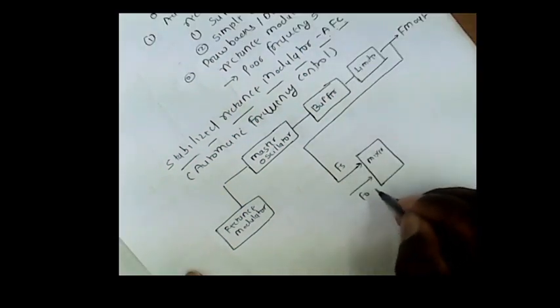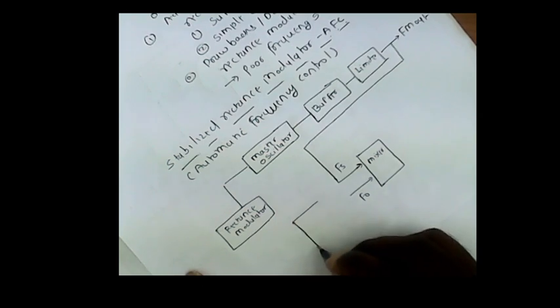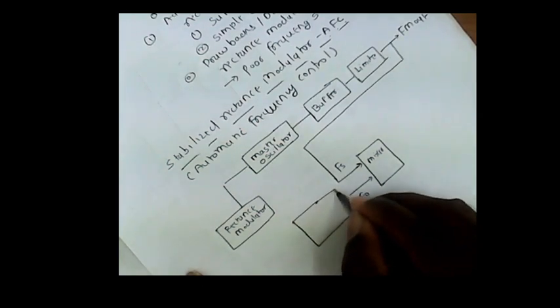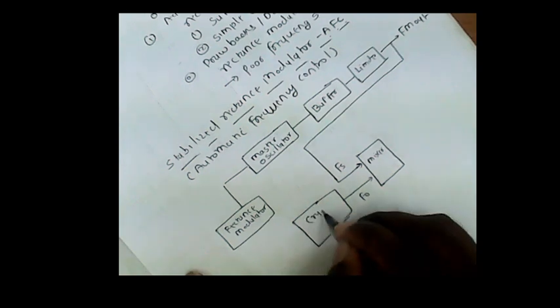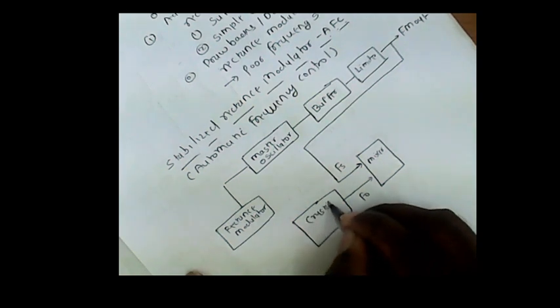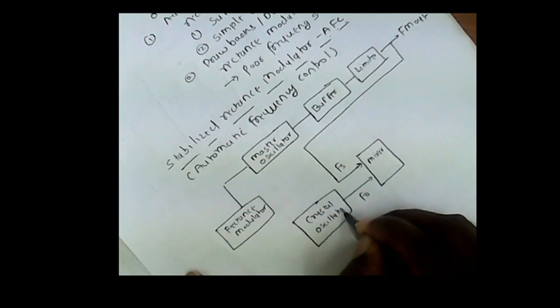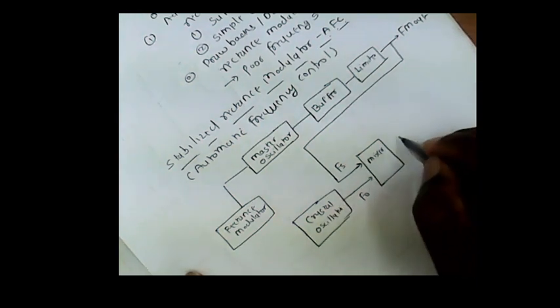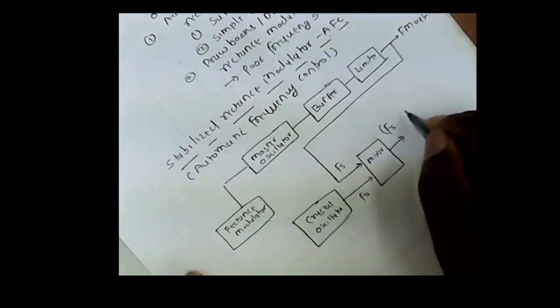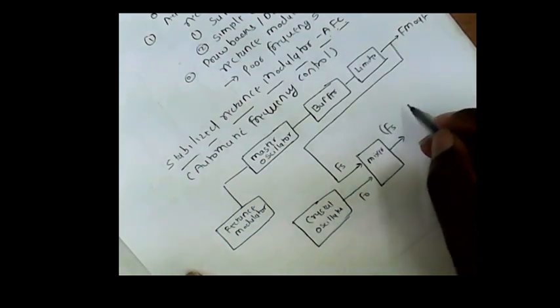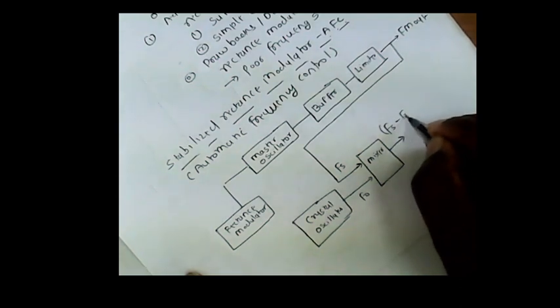And here is the crystal oscillator, which generates frequency F0. The mixer generates a frequency equal to the difference between the FM output frequency and the crystal frequency.